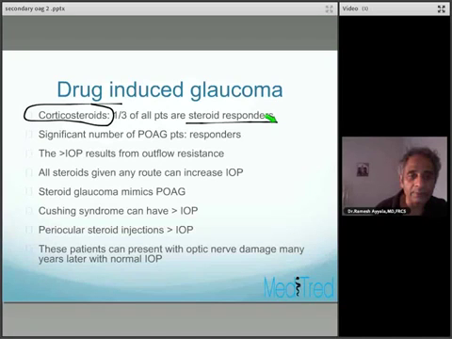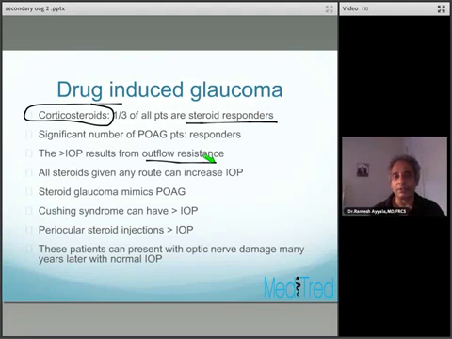And people believe, or there are some papers to suggest, that the glycosaminoglycan basement material in the juxtacanalicular area is increased following the use of steroids, giving rise to outflow resistance, consequently increasing the intraocular pressure.